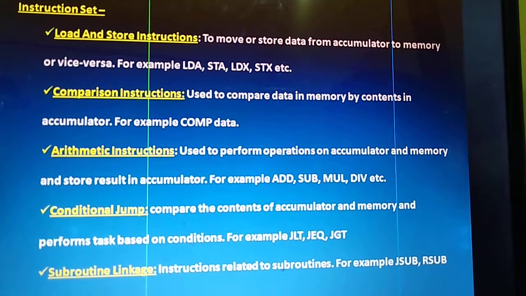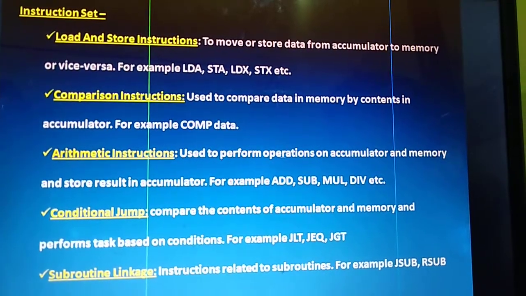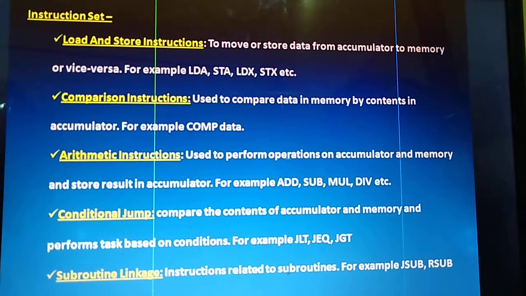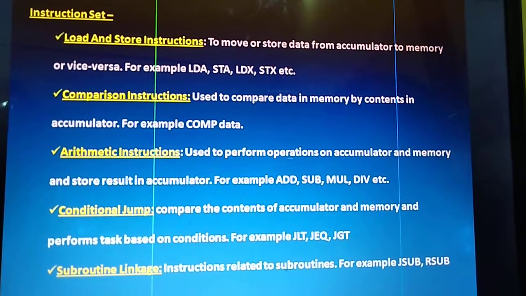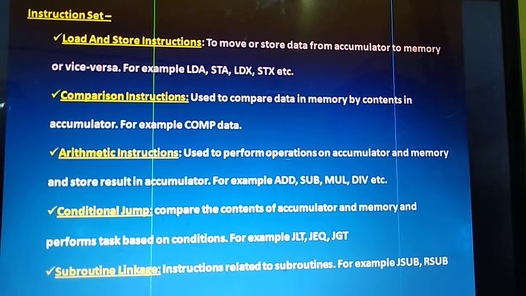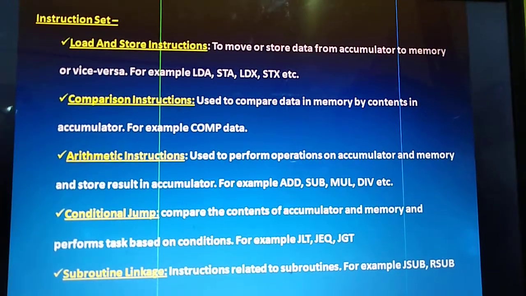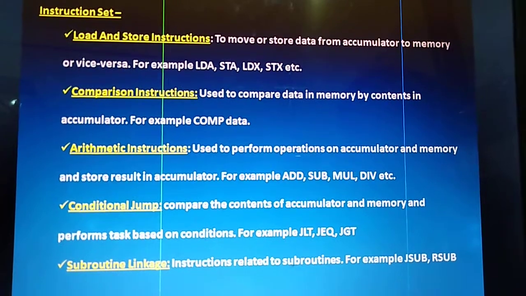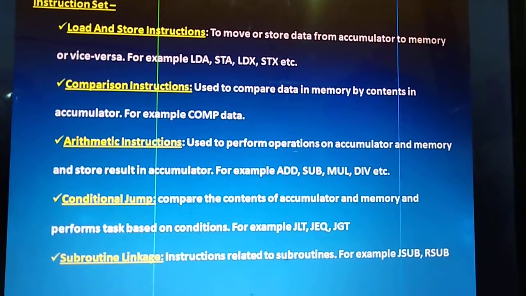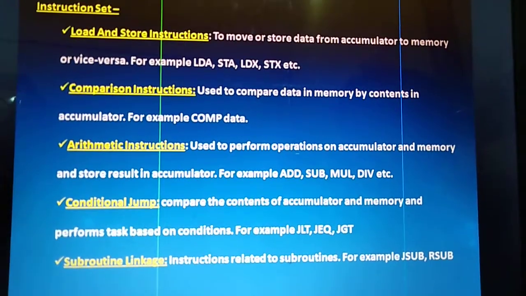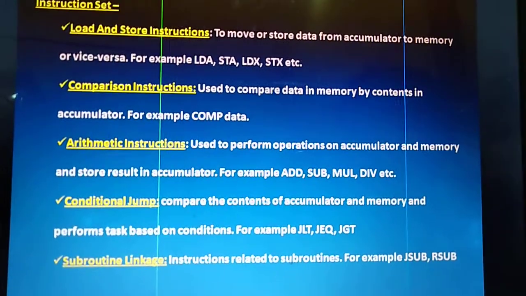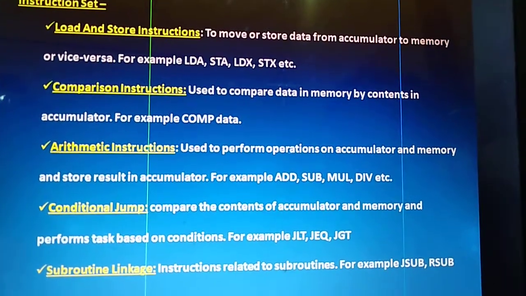In the beginning, I told you that in assembly language, you need to remember all the instructions. Here we are getting LDA, STA, LDX, STX. These are the different types of instructions in assembly language. We'll discuss this further.